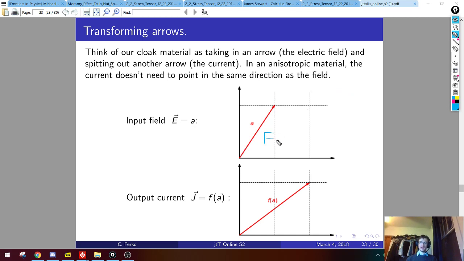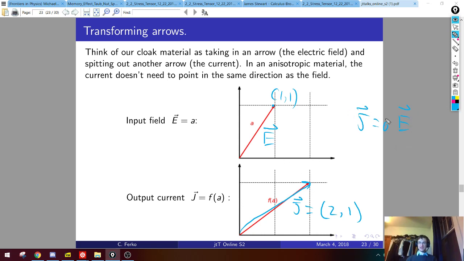If you apply an electric field which points to this, I don't know, 1, 1 or something in coordinates, and you get out a current which points in a different direction, say 2, 1. So this is different. This is not saying J equals sigma E, which was just telling you that the current is always going to point in the same direction as the electric field.